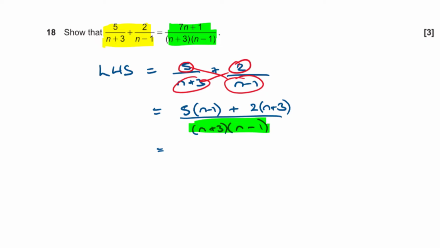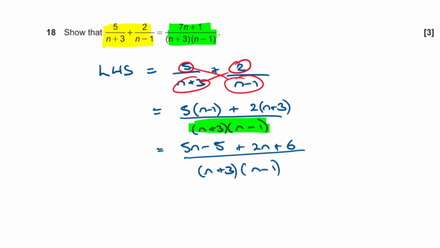So removing the brackets there, that's going to give me 5n minus 5 plus 2n plus 6 all over n plus 3, n minus 1. Okay, collecting like terms on the top, 5n and 2n is 7n, minus 5 plus 6 is plus 1, isn't it?